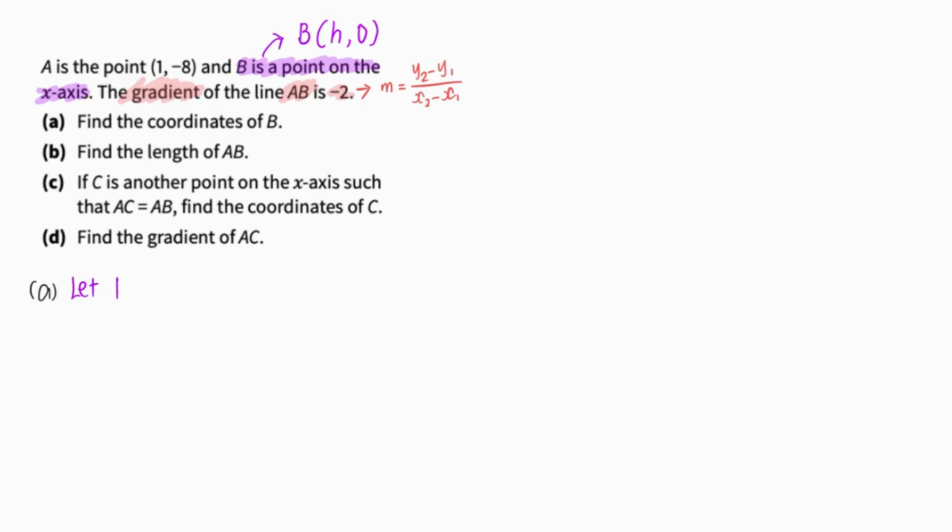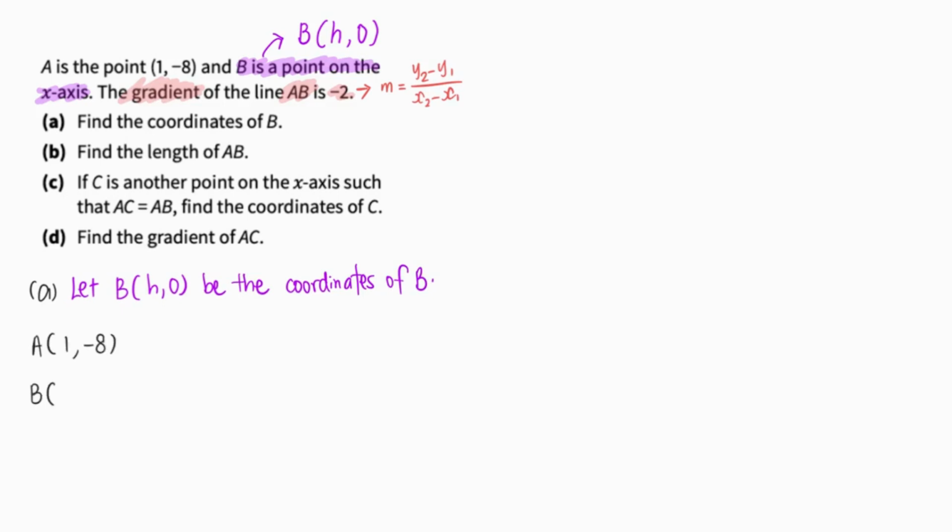We are going to let B, h, 0 be the coordinates of B. And with the gradient of AB as -2, I would then be able to have the x1, y1. I'm going to just write at the side here, okay? My point A is 1, -8.